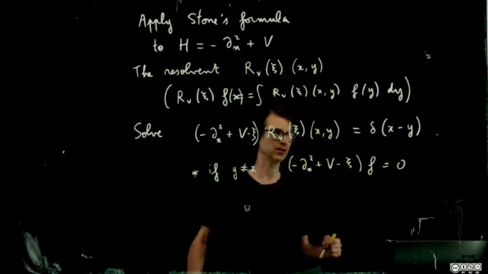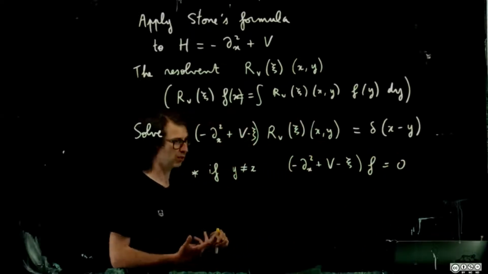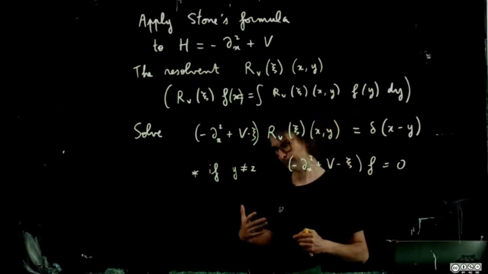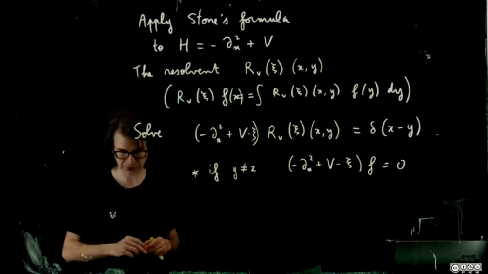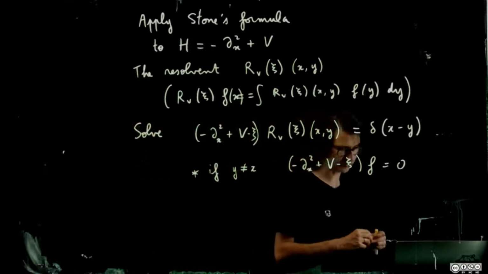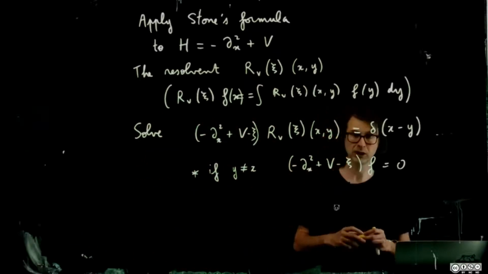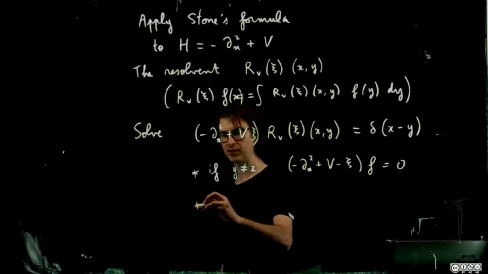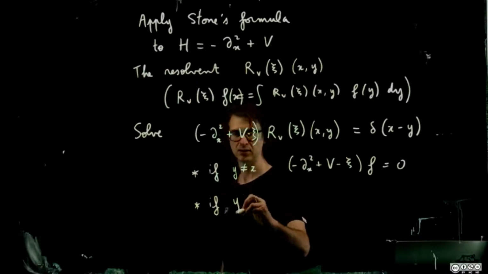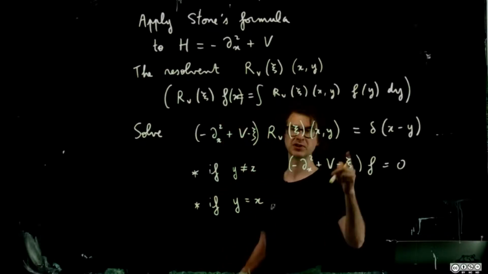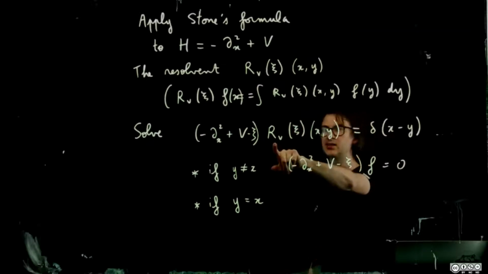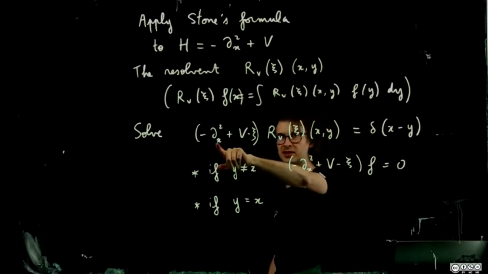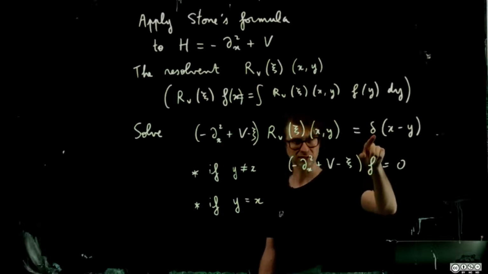So that's really just an ODE problem, a second order linear ODE, so it has a linear space of solutions of dimension 2, and we need to investigate it. And if y equals x, there is this jump condition in the first derivative, which when you take two derivatives will give rise to this delta.